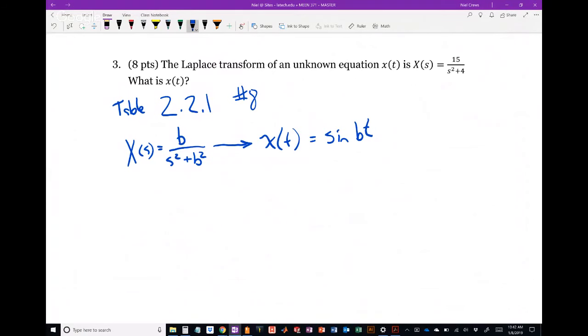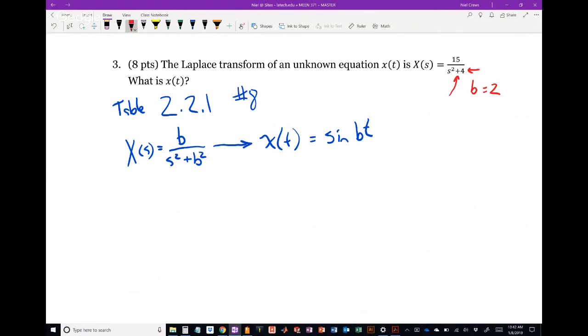All right. So I'm looking now at this. There's my s squared. Then I want to be able to say that b equals 2. If b equals 2, then the denominator is going to be s squared plus b squared.